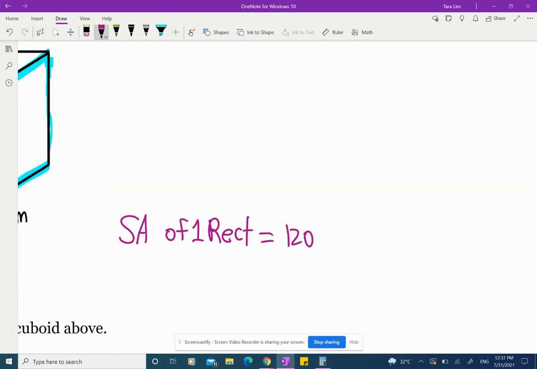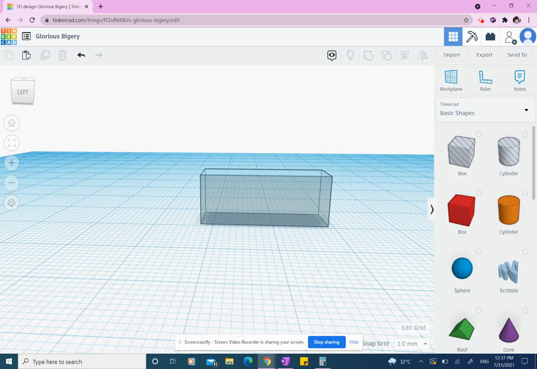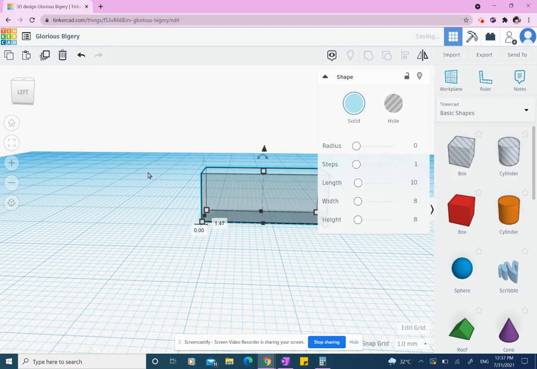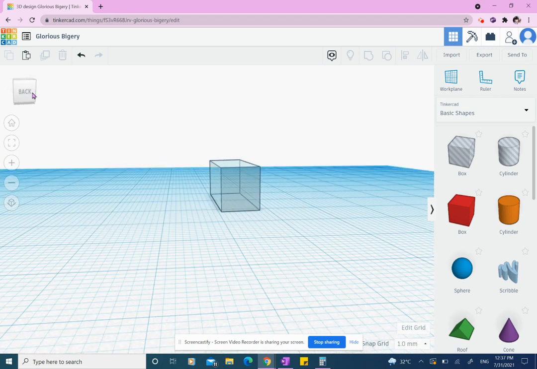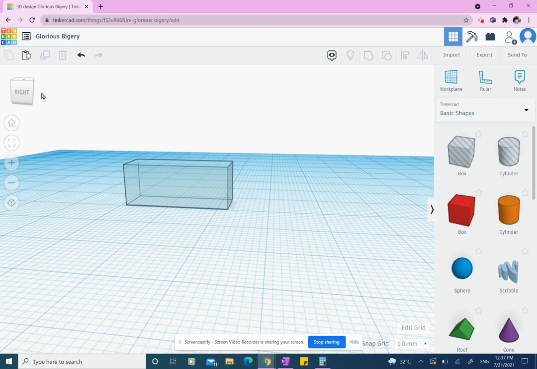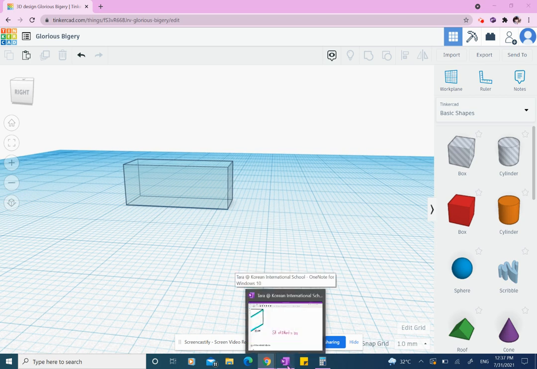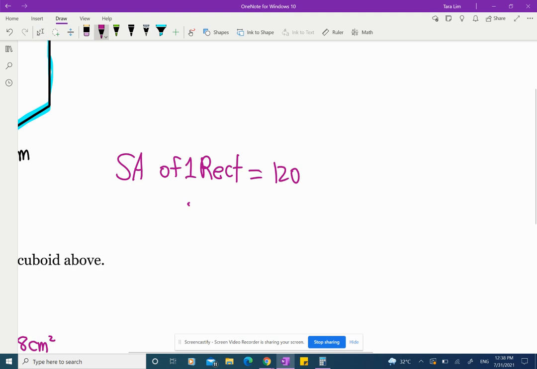Now that's only one of the rectangles. Again, let's go and look at this website. We saw the rectangle here. Now as you can see, if I flip it over, there's another rectangle on the other side. So there are two rectangles. Again, I want two rectangles, not just one.